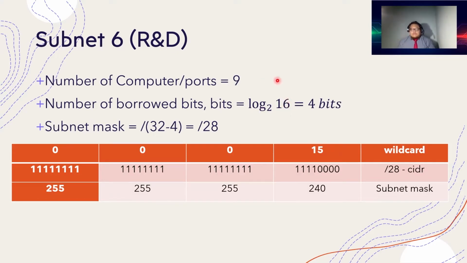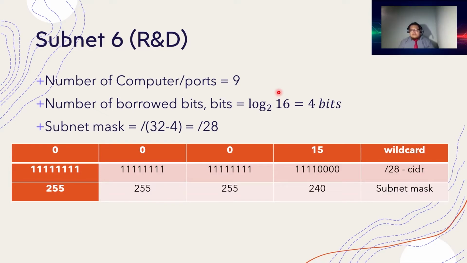Maybe some of you have a question: if the number of computers or ports is 9, why are we not using log2 8? The reason is that the maximum number of ports is 9, and we cannot go lower than that, because if we go lower than 9, we will get a number of addresses available that is much less than we can use in the department.